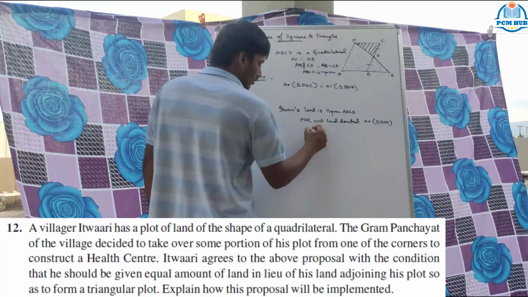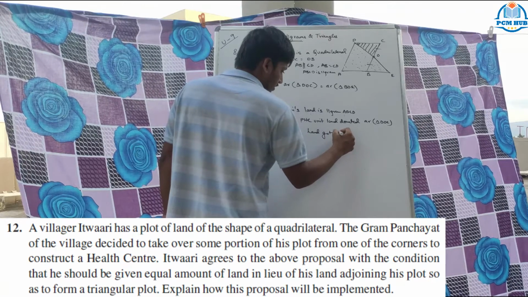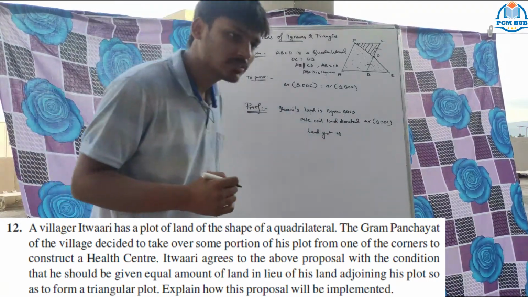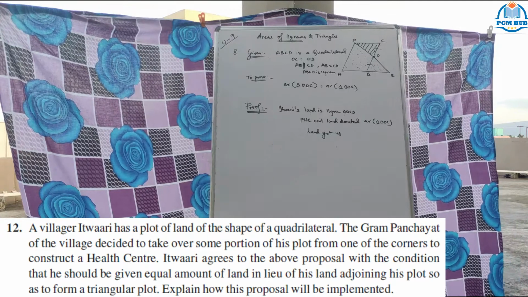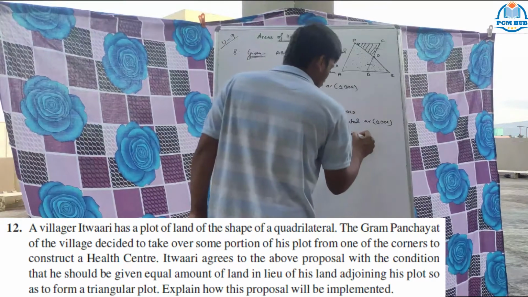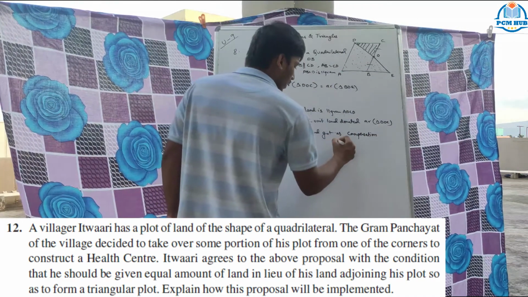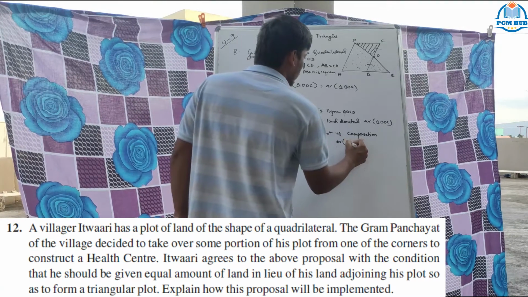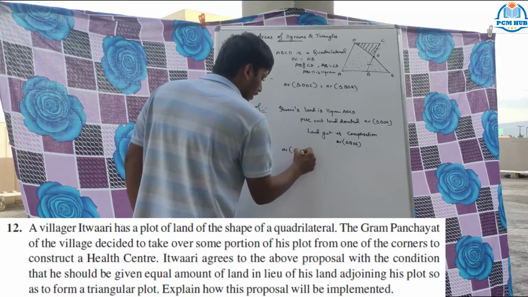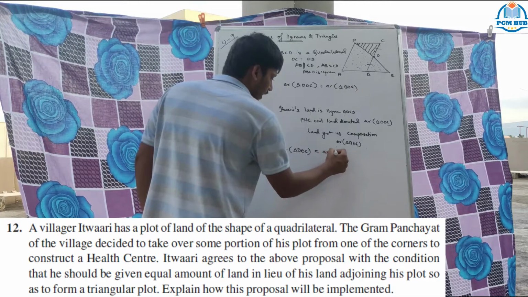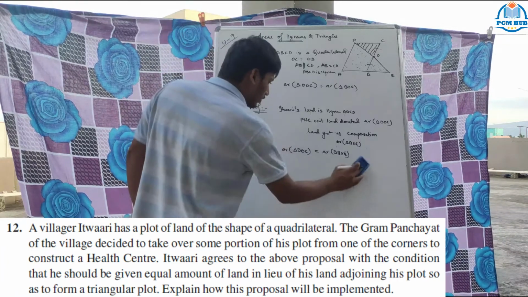Then the land got as compensation: what is the land got as compensation? Area of triangle BOE. So area of triangle DOC should be equal to area of triangle BOE. You have to prove that. This is to prove. We did not write this before.